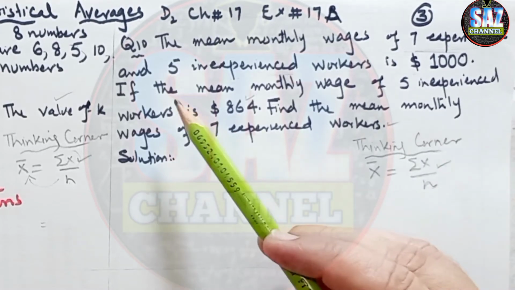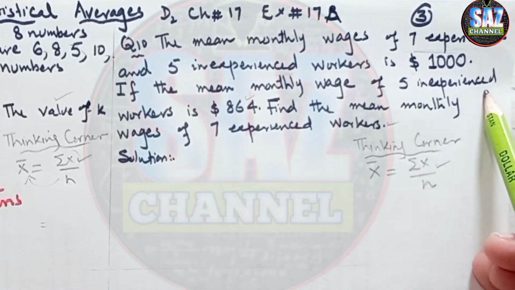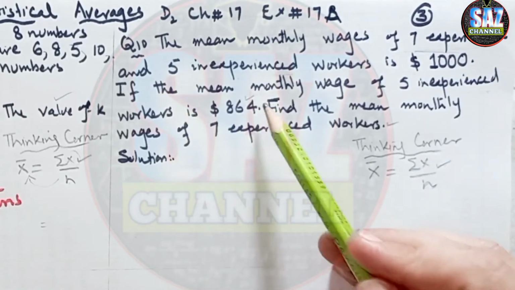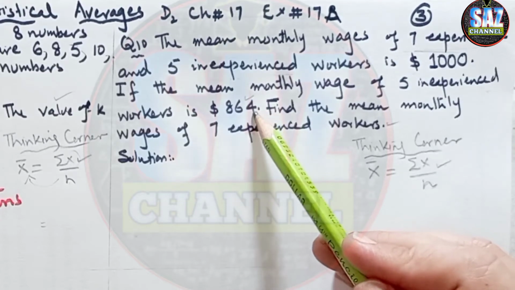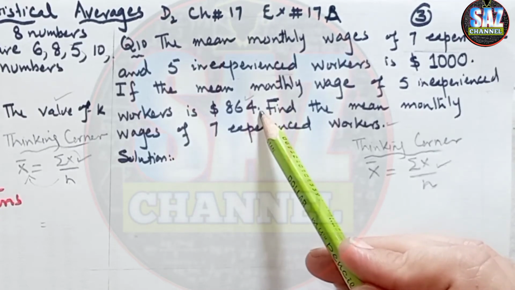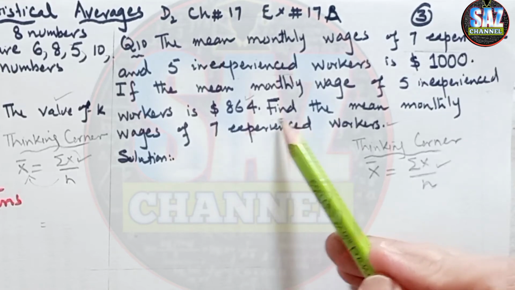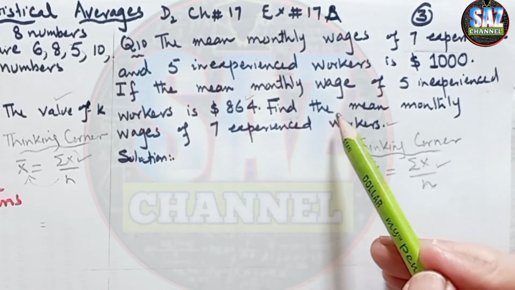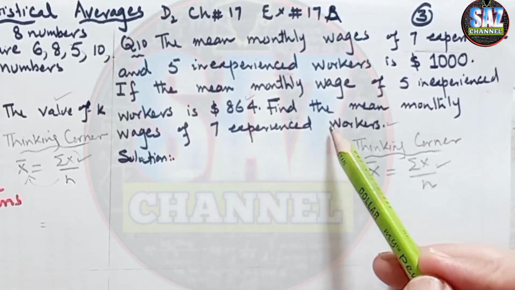Okay, and then in the next step, mean monthly wages of 5 inexperienced workers. With the help of this portion, we will be finding the total wages for 5 inexperienced workers, and the requirement, the term that begins after the word find, is the requirement of the question: mean monthly wages of 7 experienced workers.